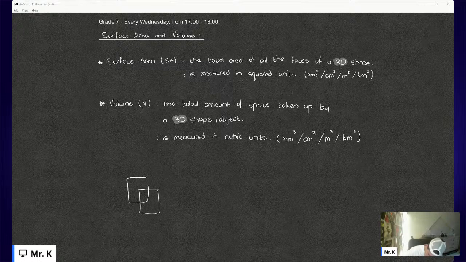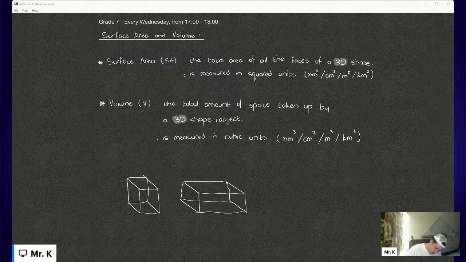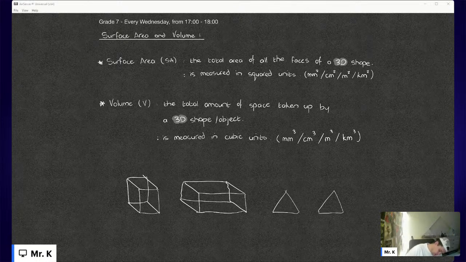We need to be talking about 3D shapes. These are just very rough drawings very quickly, guys. So, first things first, we need to know about the cube. We need to know about rectangular prisms. And finally, we need to know about triangular prisms as well.